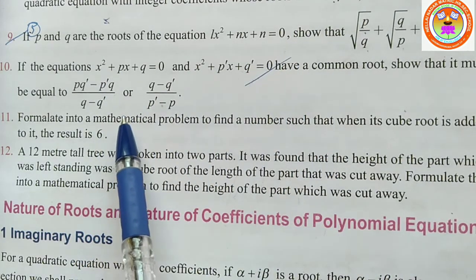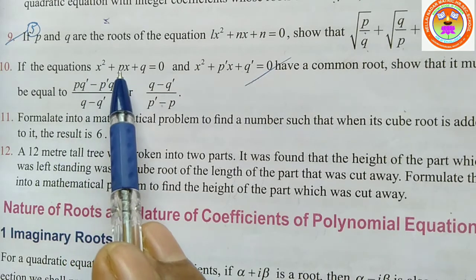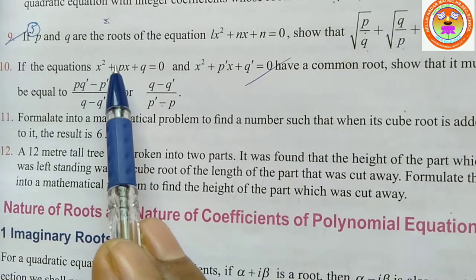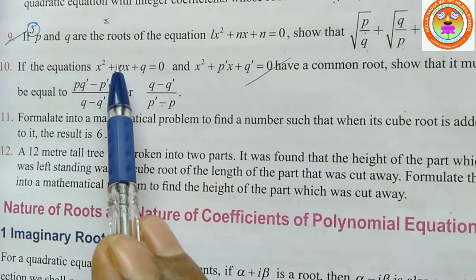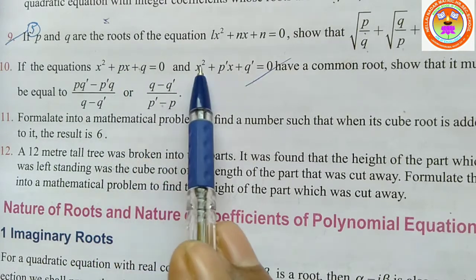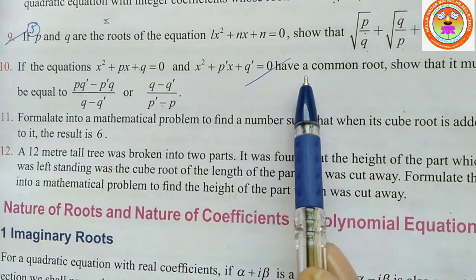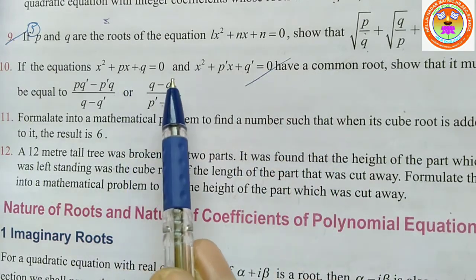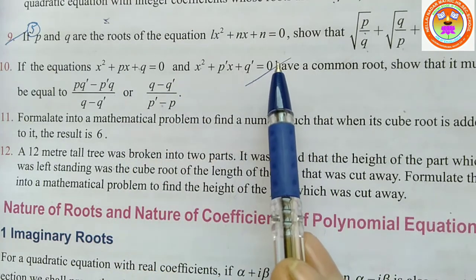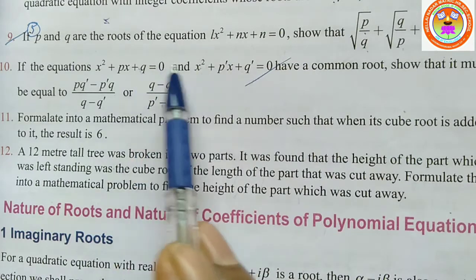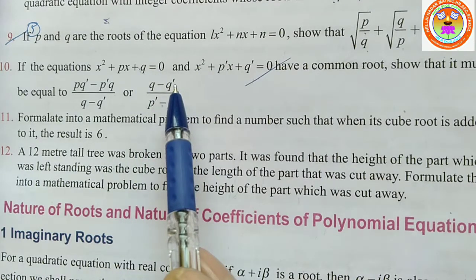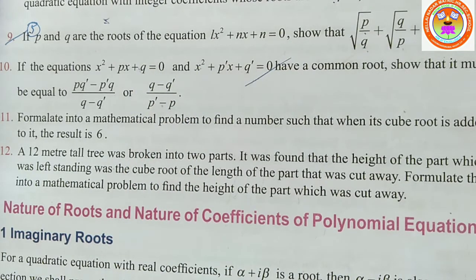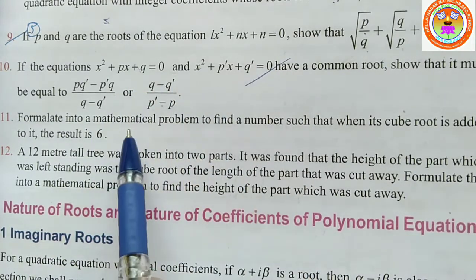That means if you replace this x by alpha, this equation has to be satisfied, right? So these two equations have one common root. We are taking alpha as common. The root alpha is common for both the equations. Okay? So let alpha be a common root for these two equations.